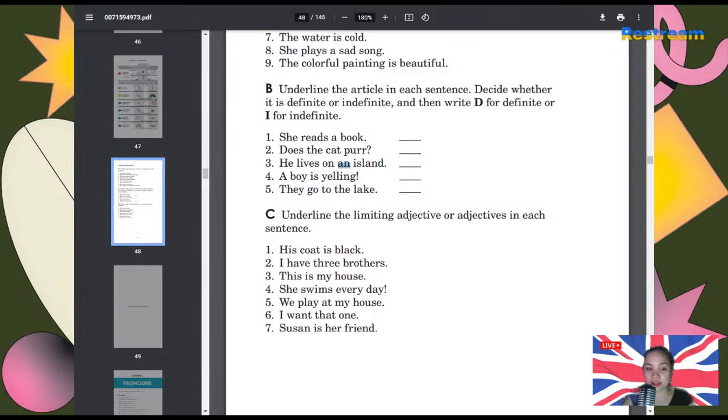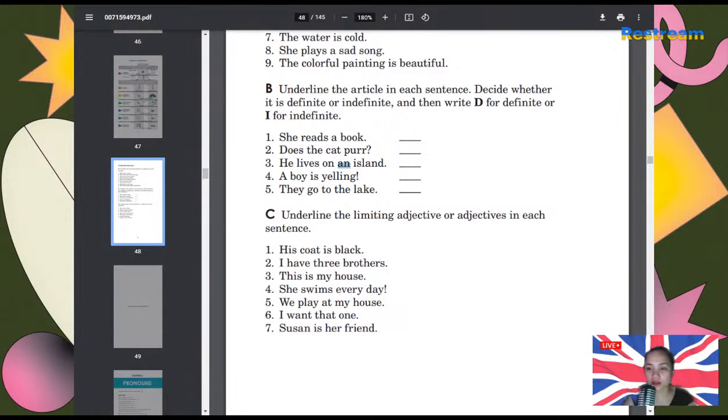So is that definite or indefinite? That is indefinite. So it is an indefinite noun that we are identifying here, which is island, and it begins with a vowel, I, so we will use the article an.